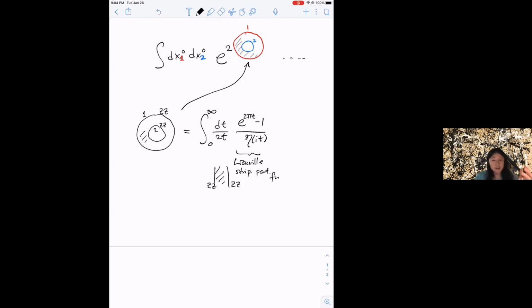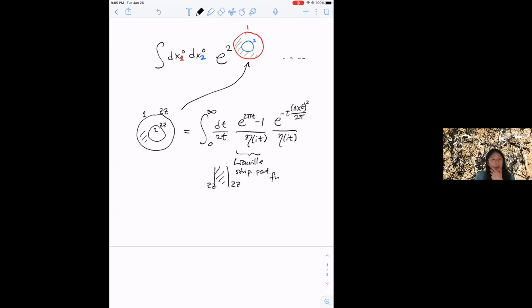For that system, we have an interval with Dirichlet boundary condition on both sides, but they are separated in time. So you have this 1 over eta function as usual, but then due to the separation in time, you get a factor of e to the minus t delta x Euclidean squared over 2 pi. I'm working in alpha prime equal to 1 units.